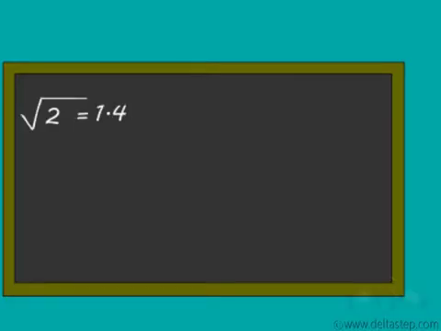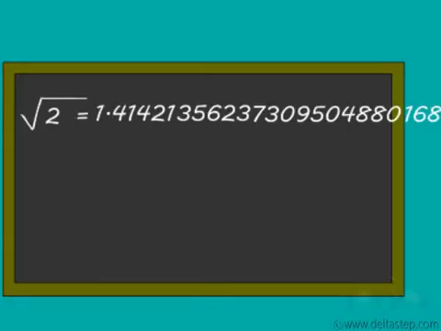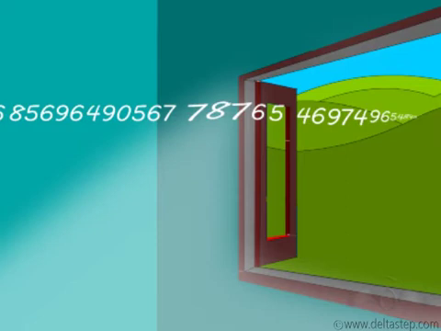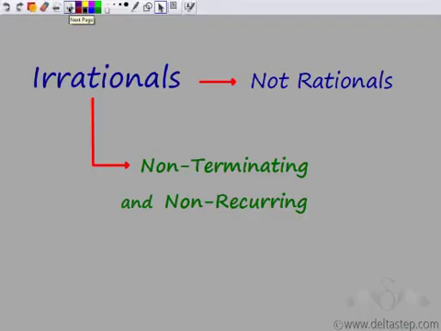Root 2 was this number when expressed in decimals. The digits do not end and do not repeat. So they keep on going. Irrationals were numbers that were not rationals. They are non-terminating and non-recurring. This is how irrational numbers were introduced.